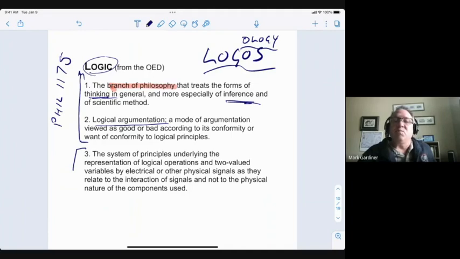We want to distinguish between good forms of thinking and poor forms of thinking. That's definitely the focus in Philosophy 1175. It's not the focus in 1179, however.